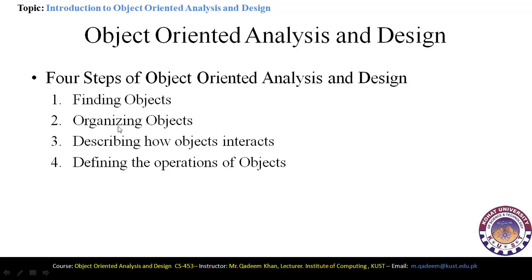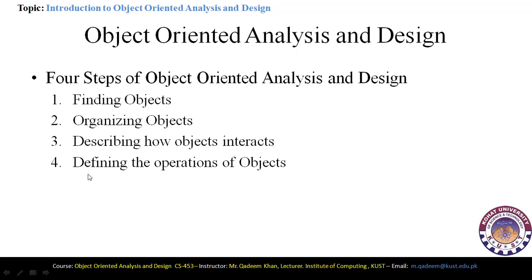Next, we will organize different objects with each other. Here, the organization of the objects means how the objects will interact with each other, how the objects will look, and how they will be linked with each other. Next, we will describe how objects will communicate with each other. It means that here we will define different types of parameter passing, how they will call each other, and how they will share their code with each other.